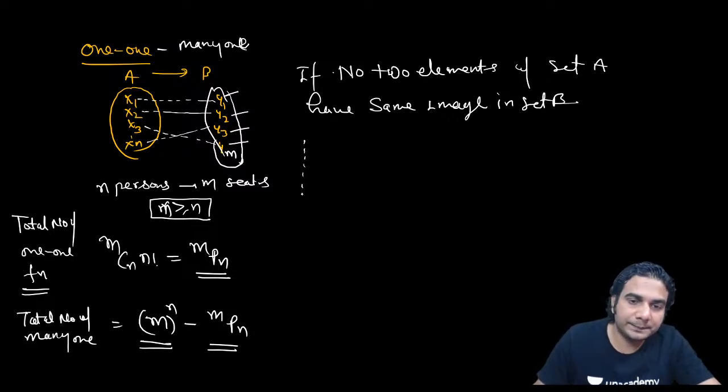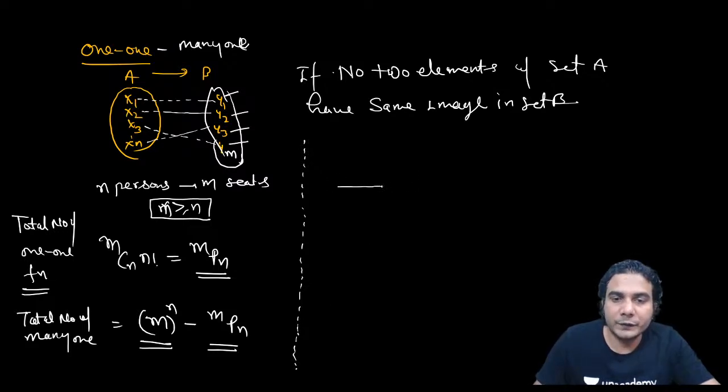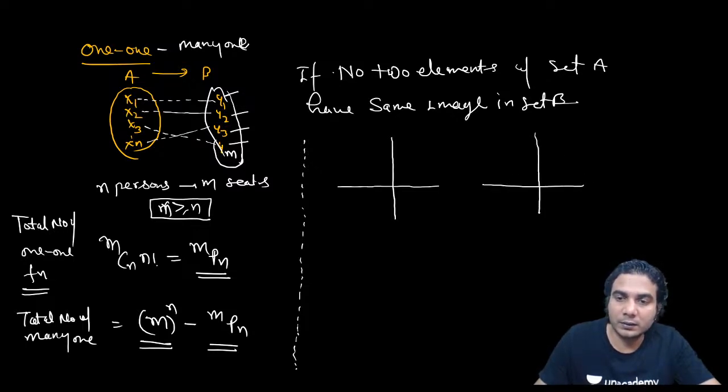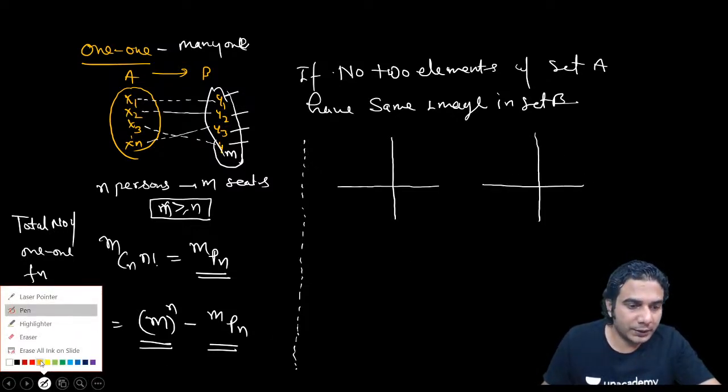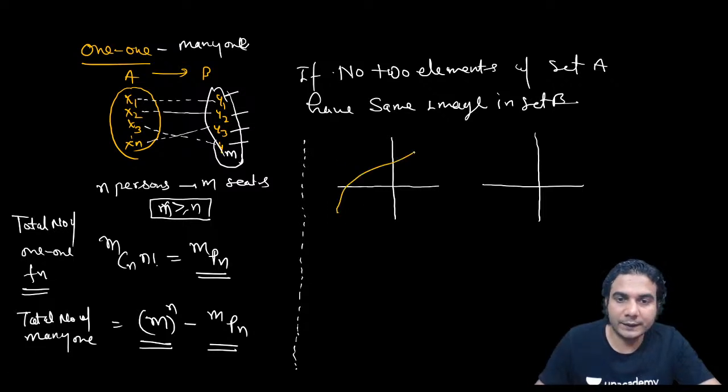Now let's understand what kind of graph a one-one function and a many-one function will have. So we know what kind of graph a function has. I'm giving you two options here. One graph is like this, the other graph is like this, right?